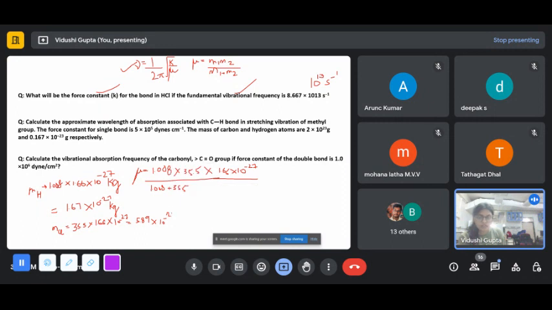So from here, mu is equal to m1 m2 divided by m1 plus m2. So you will just multiply these two values.